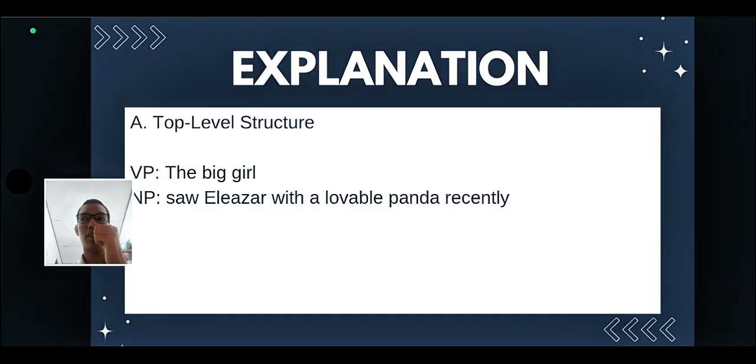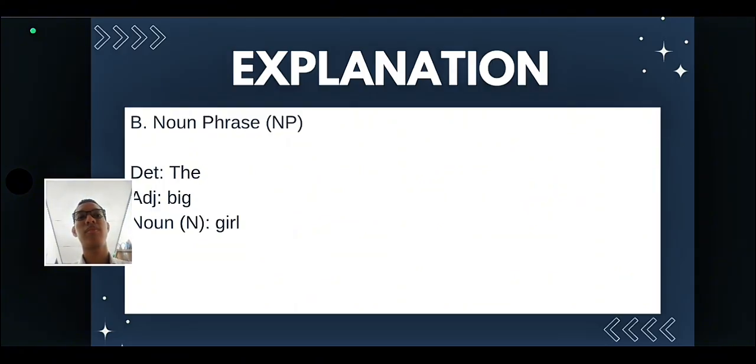This is the explanation of the sentence. A is the top-level structure: the noun phrase is the big girl. And B is the verb phrase: saw Eliezer with a lovable panda recently. We have the noun phrase: determiner the, adjective big, and noun girl.